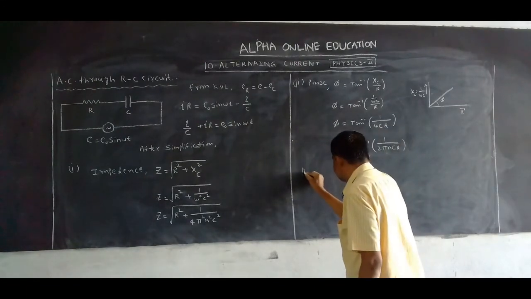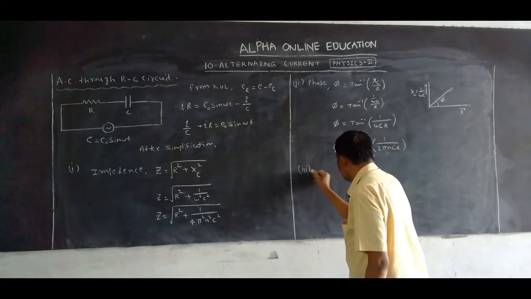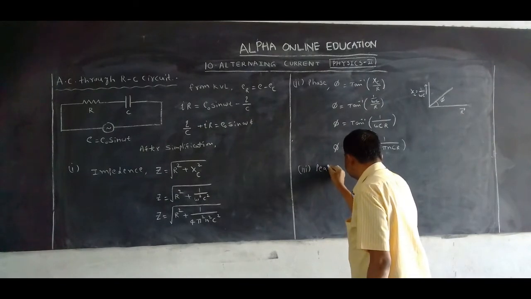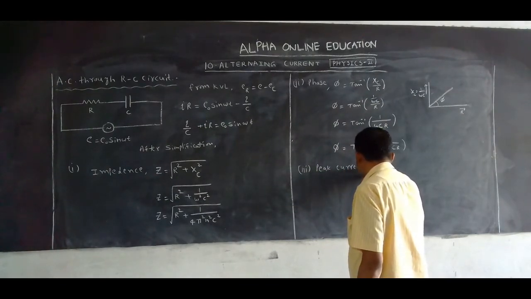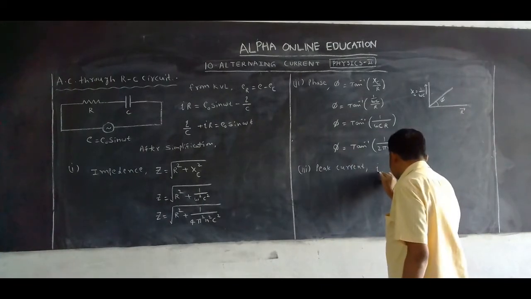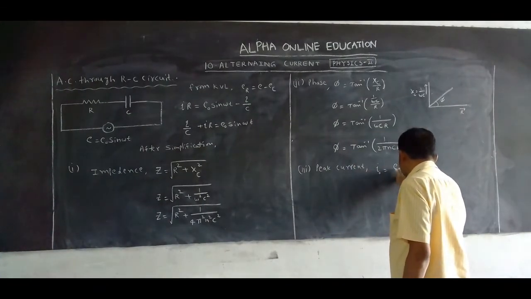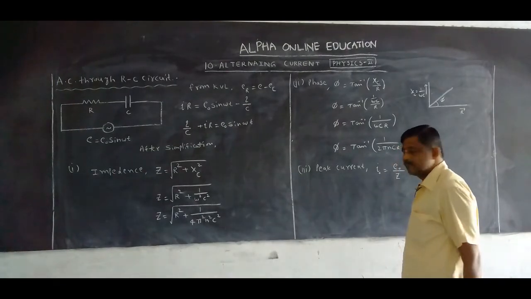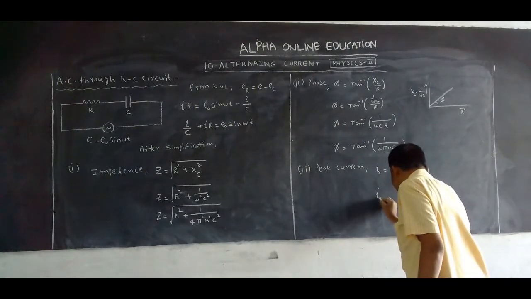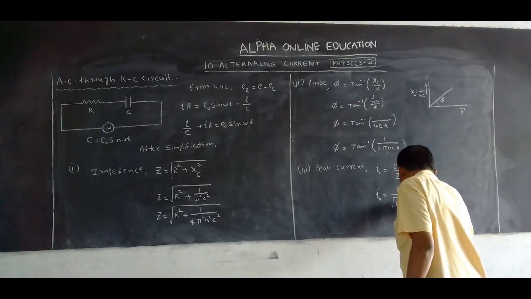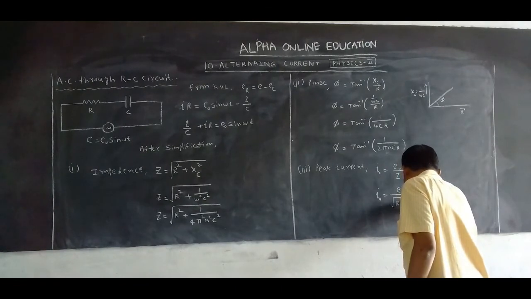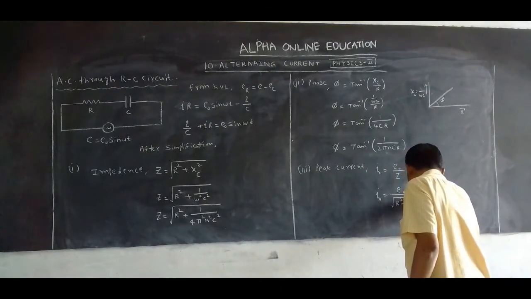Next, third one, peak current. How much the value of peak current? Peak current is I naught is equal to E naught by Z. Now what is Z? Z is equal to root R square plus XC square root.